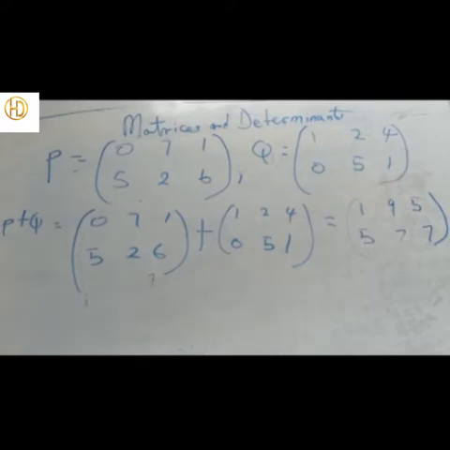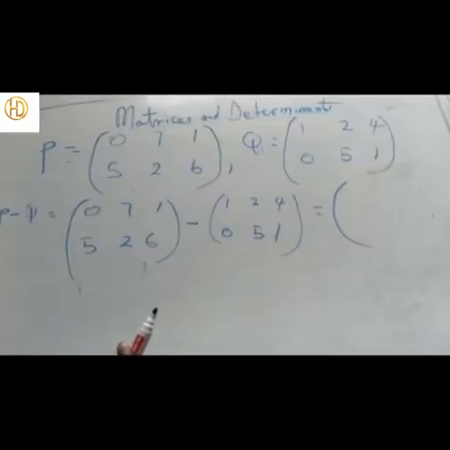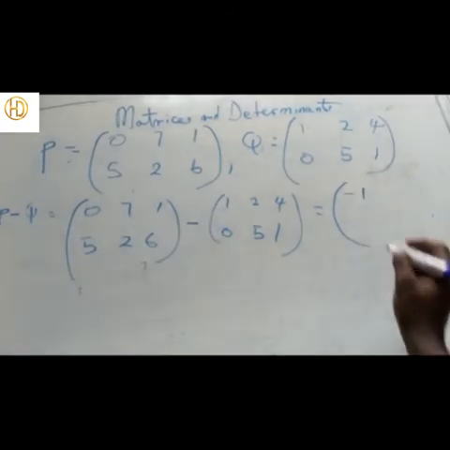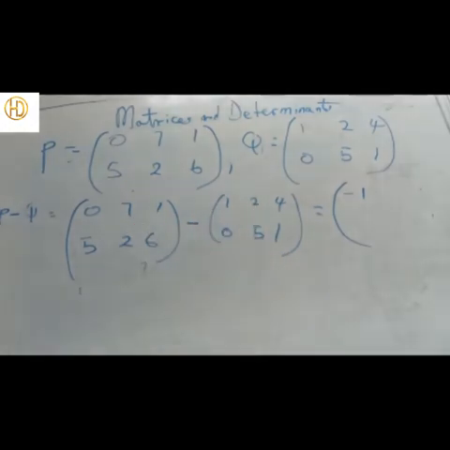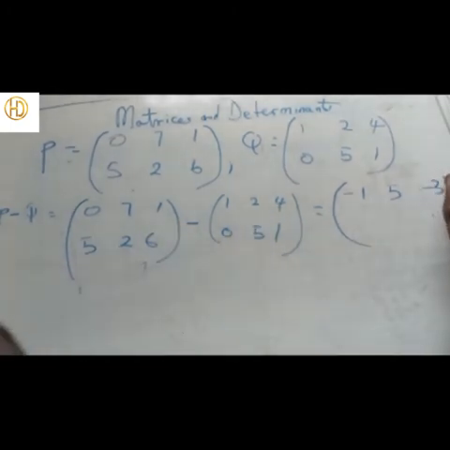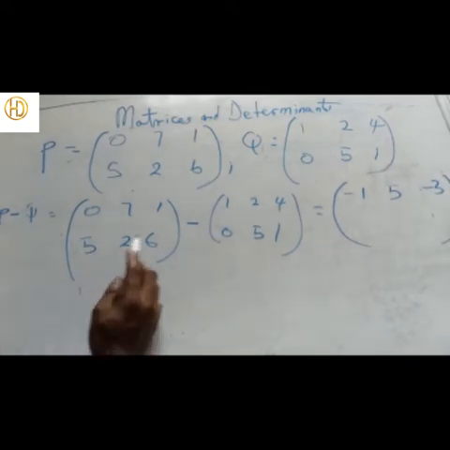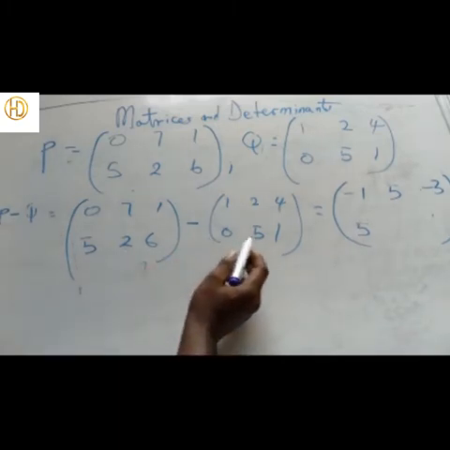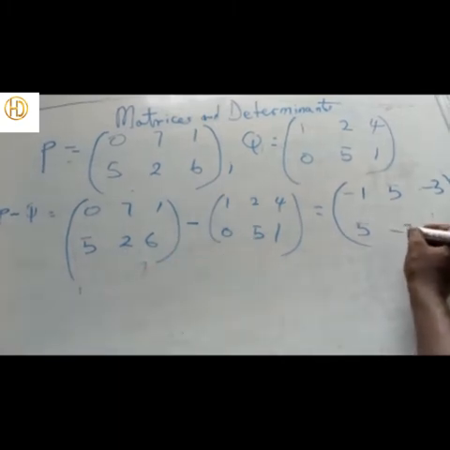Now that we have answered P plus Q, what about P minus Q? Let's have P minus Q. We will have 0 minus 1 will give us minus 1. 7 minus 2 will give us 5. 1 minus 4 will give us minus 3. 5 minus 0 will give us 5. 2 minus 5 gives us minus 3.